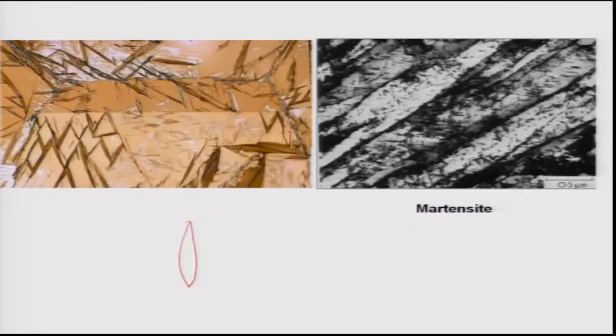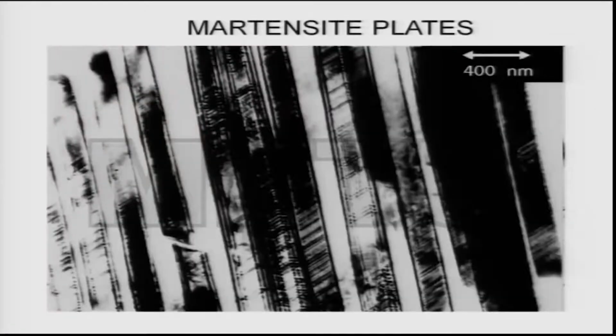They are faulted, and the faults lie both inside the plates as well as on the surfaces, that is, along the plane between the austenite and the martensite. But mostly internal faults are more predominant in the microstructure. Internal faults like twins are very predominant in the martensitic plates.